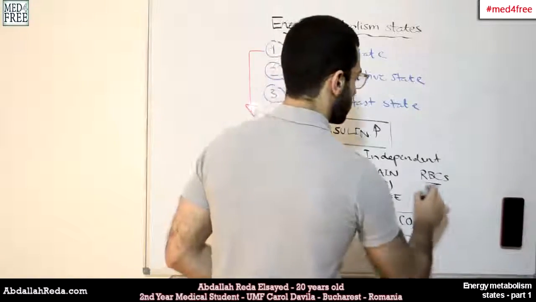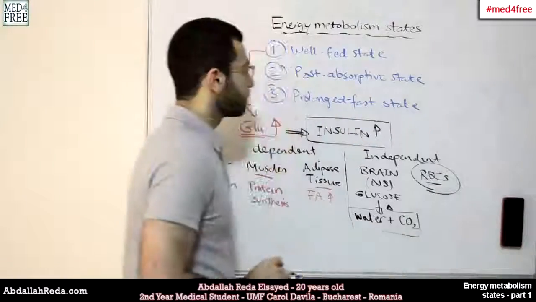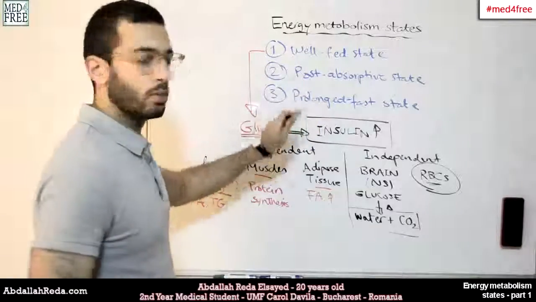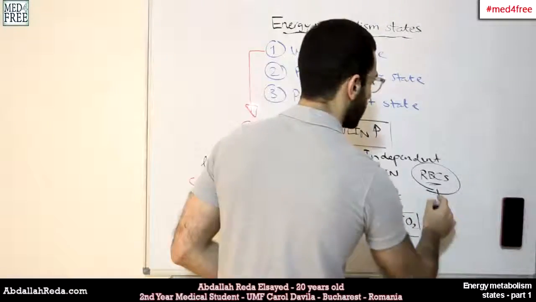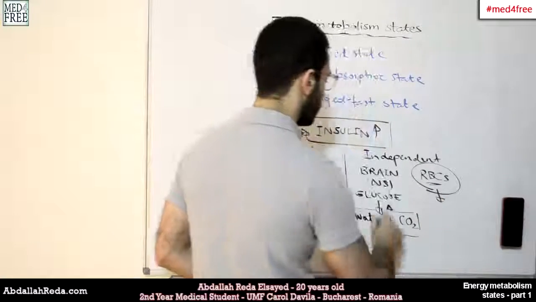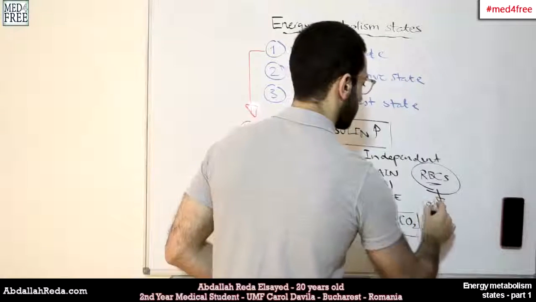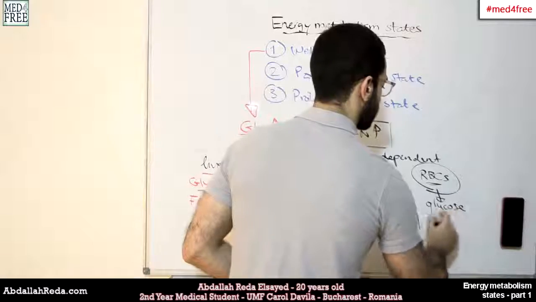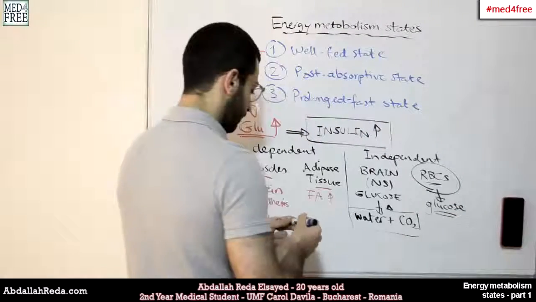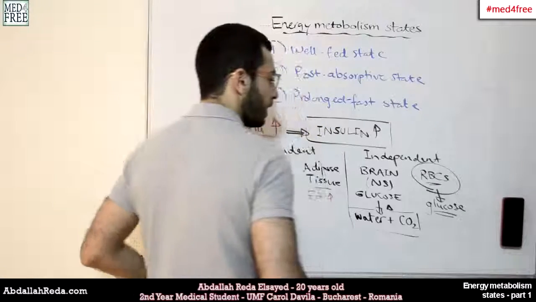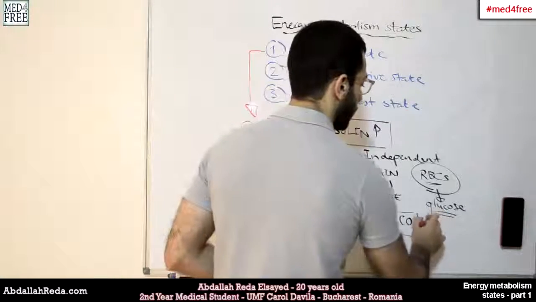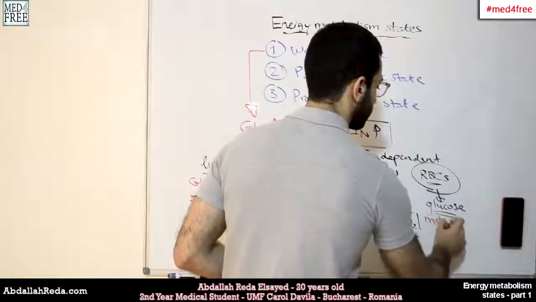For the red blood cells, whatever happens, prolonged fasting, normal fasting, well-fed state, whatever, they would always use glucose through burning it down as they have their own mitochondria.